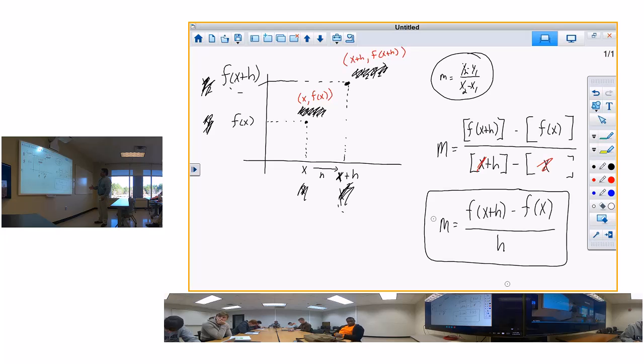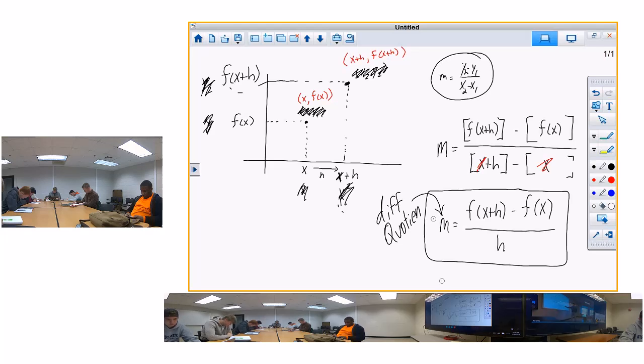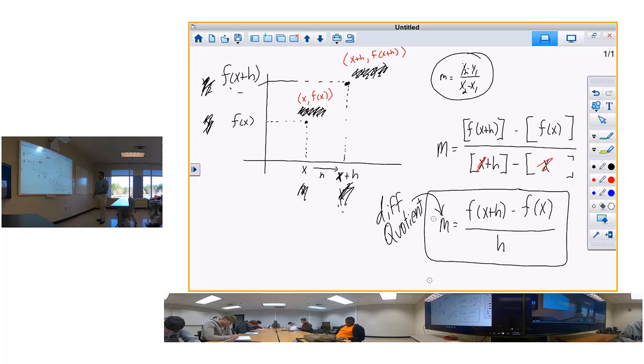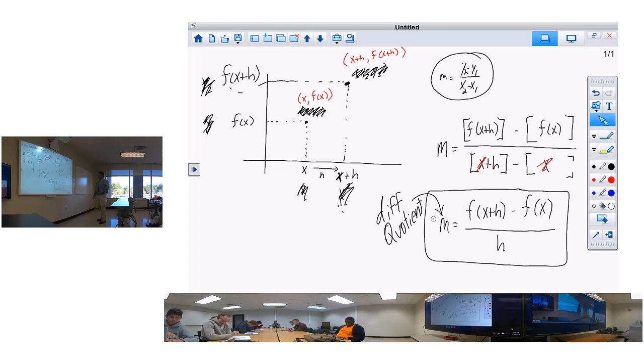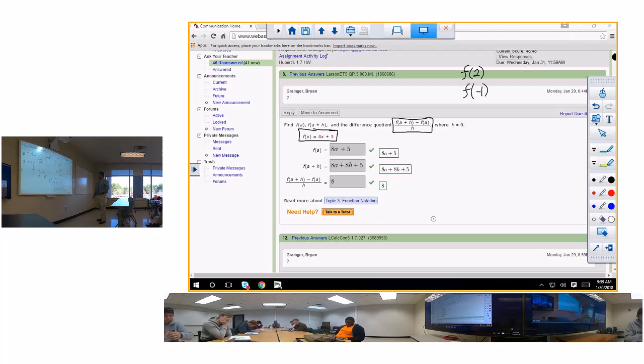The difference quotient is a sophisticated way of writing the slope. Now, you just have to know what to do now, because this is the algebra part. There's no calculus in this. None.